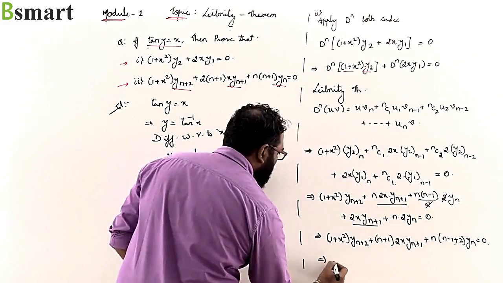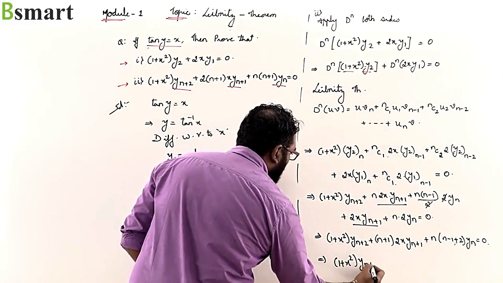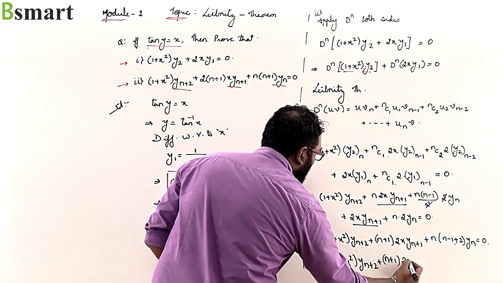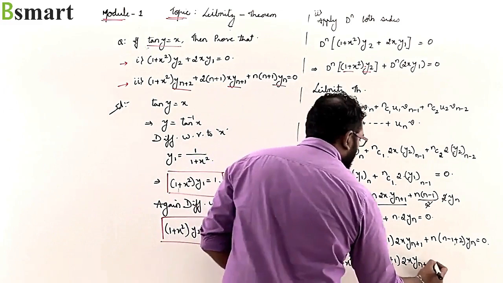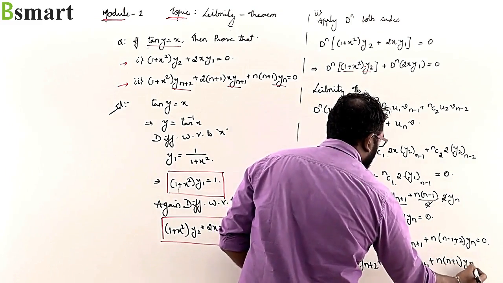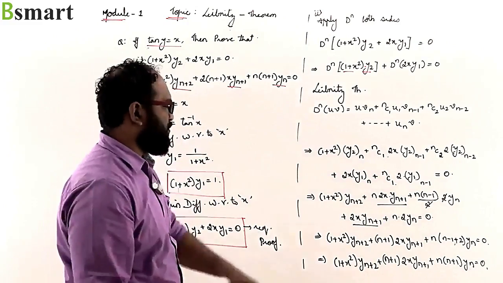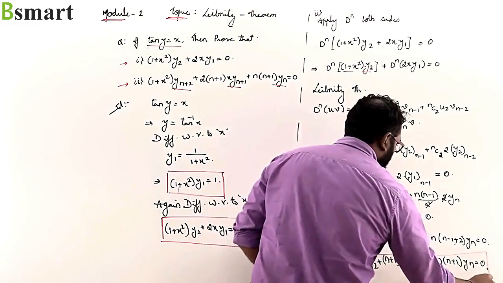So that implies (1 + x²) yₙ₊₂ + (n + 1) 2x yₙ₊₁ + n(n + 1) yₙ = 0. So this is what he asked us to prove, which is the required proof.